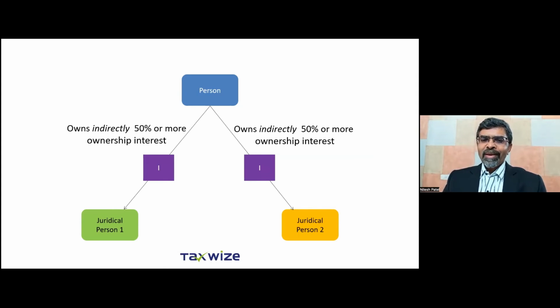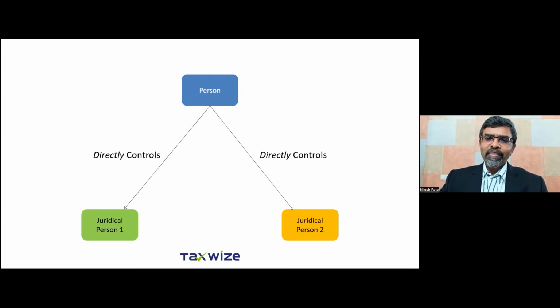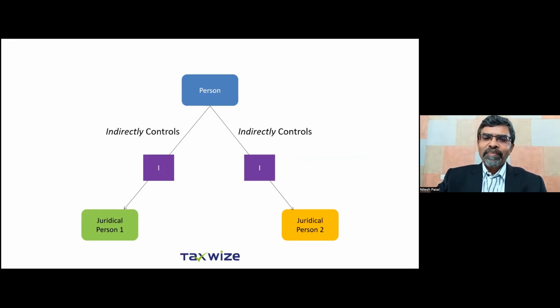Here, the ownership is indirect ownership through intermediaries. In this case, the same person directly controls two or more juridical persons. All three persons are related parties. Here, the control happens indirectly through intermediaries.